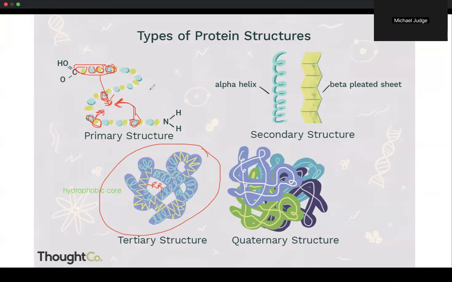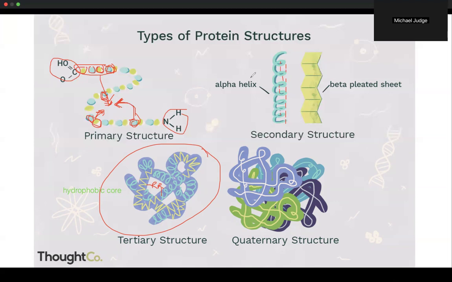Similarly, the backbone of the protein, that's the part with the amine and the carboxylic acid, which is all throughout the chain as well. That part can actually form its own kind of little interactions through hydrogen bonding in the backbone. And we refer to that as secondary structure.